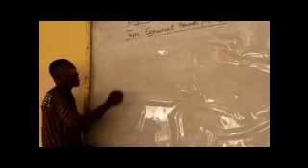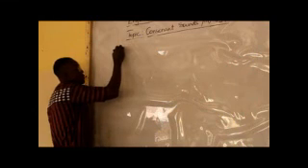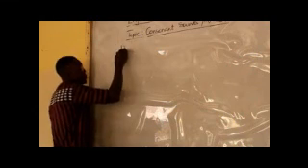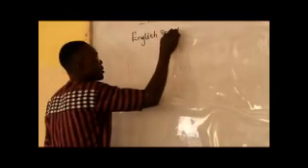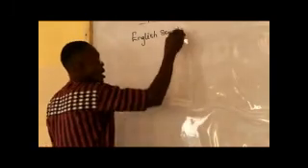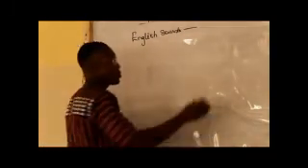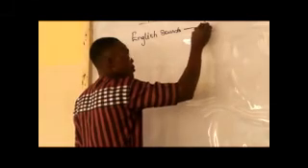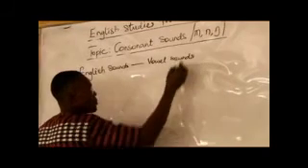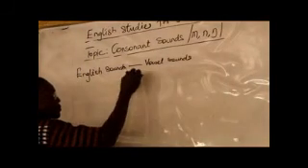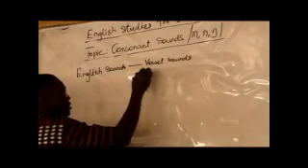Remember I told you last time that the sounds in the English language are broadly divided into two: the vowel sounds and the consonant sounds.